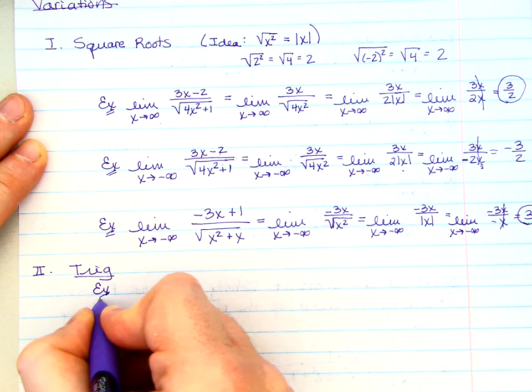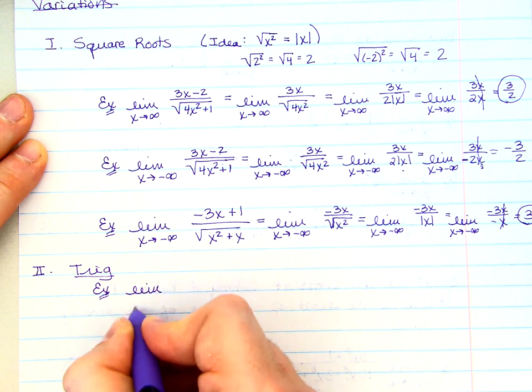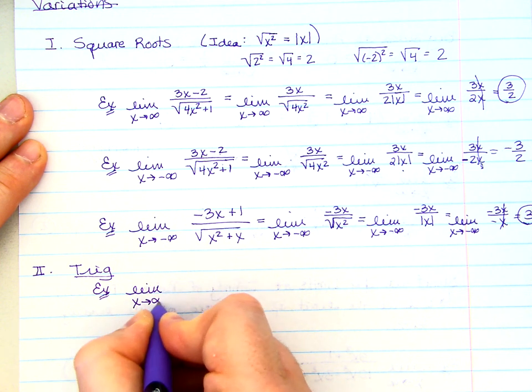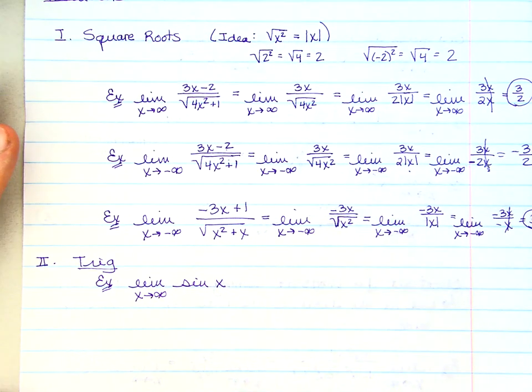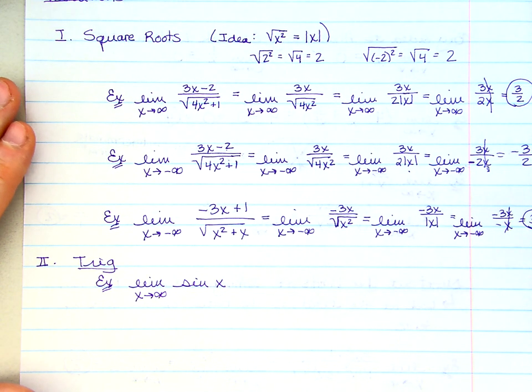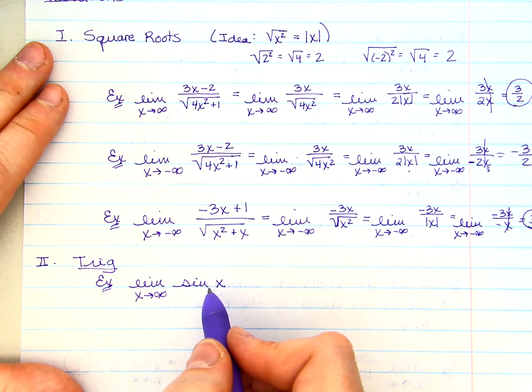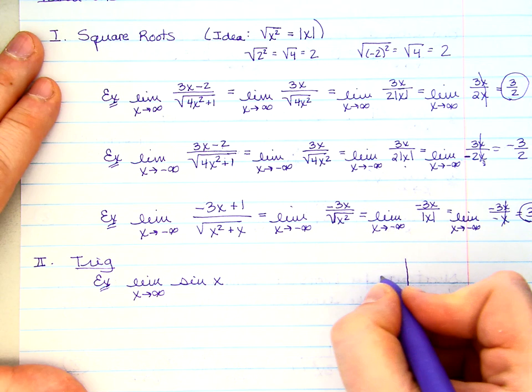First example, the limit as x approaches infinity of the sine of x. What is the sine of a huge number? Yet you actually can't do this problem.